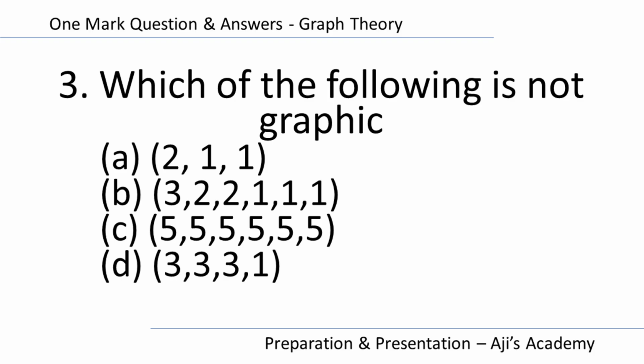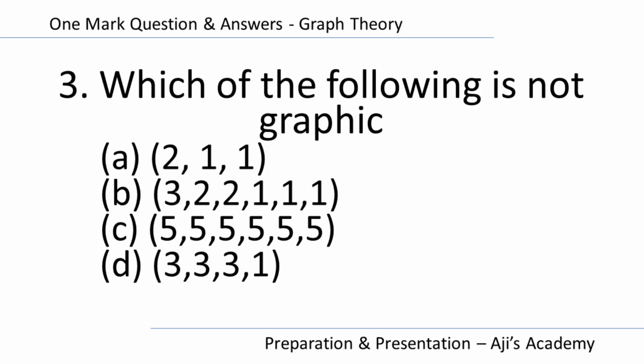And the corresponding graph is called a realization, and the corresponding degree sequence or partition is called graphic. If we couldn't draw a graph using the given partition or degree sequence, then that is called not graphic. So here they are asking for the not graphic partition.